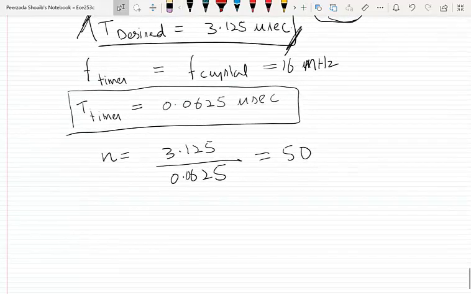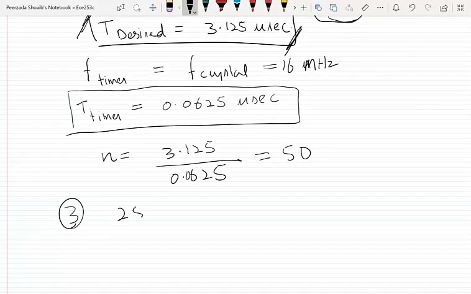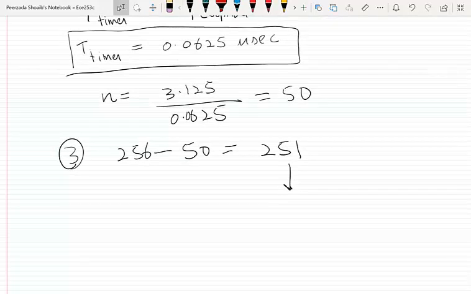So in this third step, we have to calculate 256 minus this n, minus this 50, that is 251. And now I have to convert this 251 to hex, so I can load it into the timer counter register. I can use a calculator to convert to hex, or I can do it by hand.